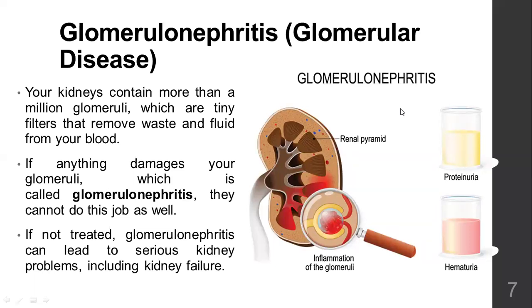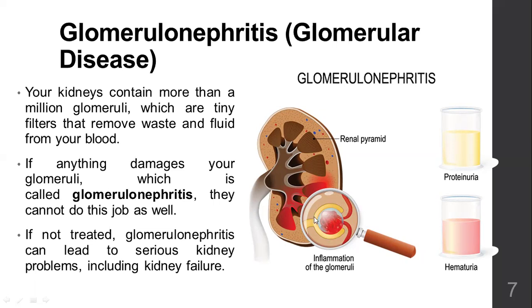Then glomerulonephritis. Here, glomerulus is a part of your nephron. You can see here this area. This is a magnified version of how a nephron looks like, just a part of nephron.